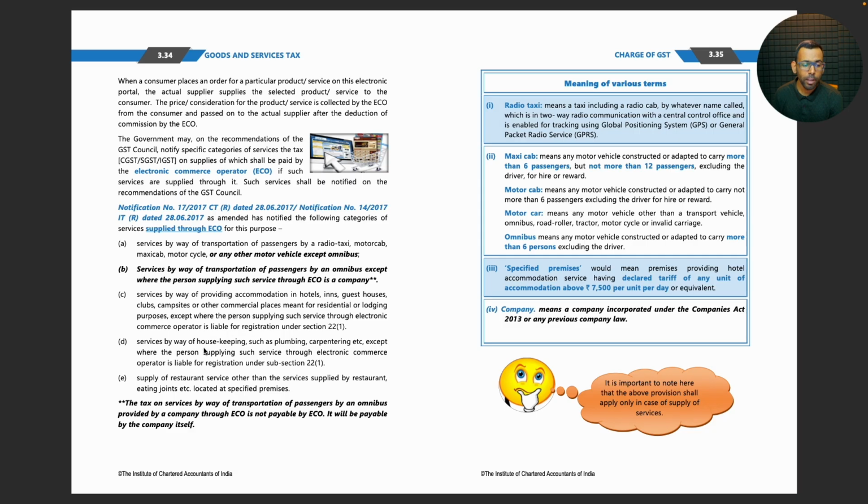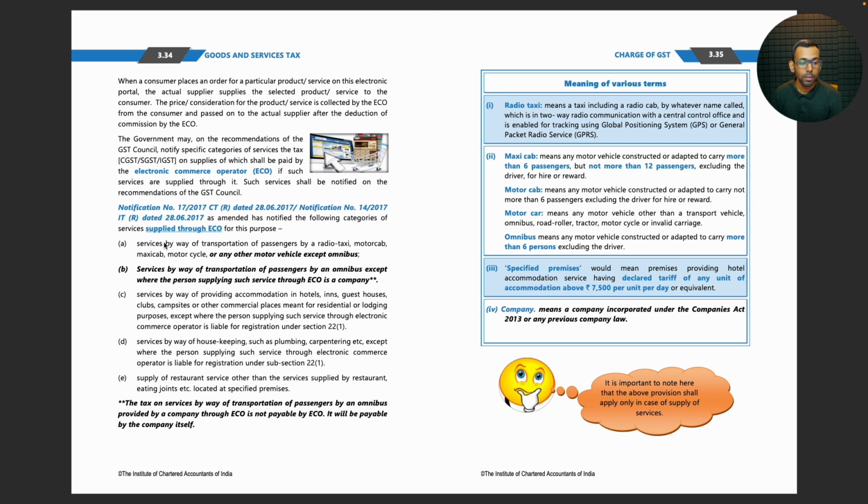Services by way of housekeeping such as plumbing, carpenting, etc., except where the person supplying such service through the e-commerce operator is liable for registration under subsection 1.